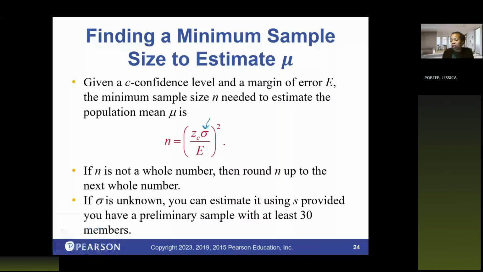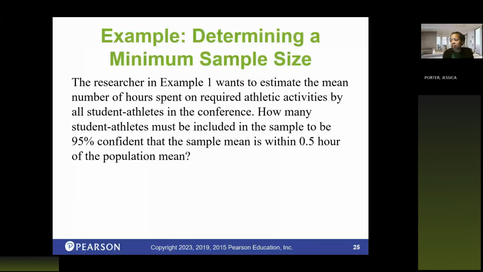So we've got our student athlete sample. Remember, that mean was 19.9, and we don't even need the mean. Why am I saying that? The sample mean is within 0.5 hours of the population mean, so that is our margin of error, 0.5. And Z critical is going to be the 1.96.